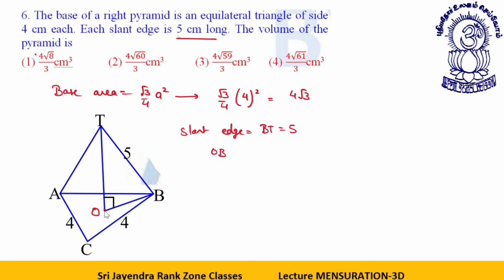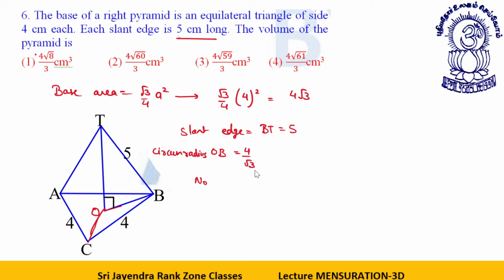If you connect this triangle, you will very easily get OB equal to OC. OC is equal to OB is equal to 4 divided by root 3. Now, this is an equilateral triangle, so OB is actually circumradius of the triangle. Circumradius OB is equal to 4 by root 3.